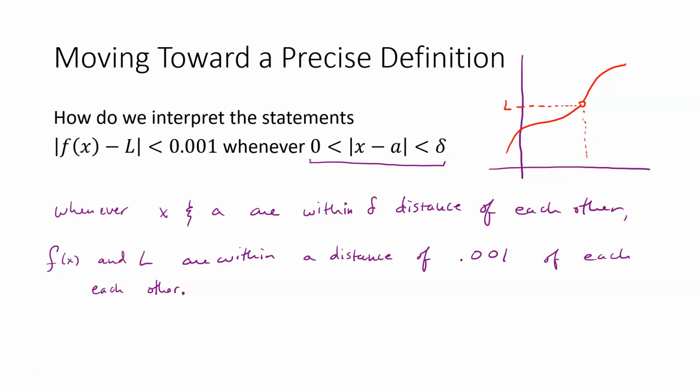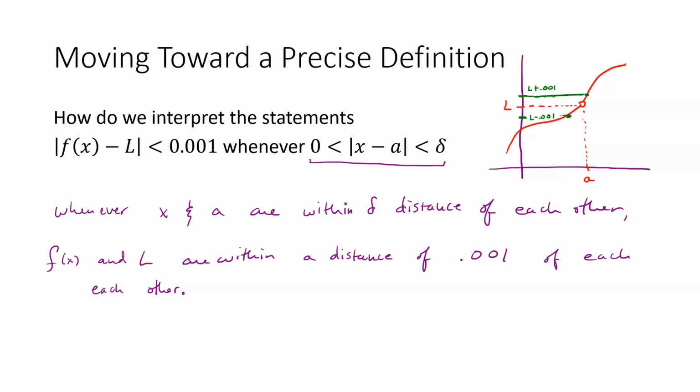We can imagine that we're saying f of x is within a distance of 0.001 from L. So let's imagine I go a little tiny distance out, which is exaggerated here for the sake of being able to draw it, say 0.001 above and below. Well, then that's going to correspond to some values of x over here on our graph.